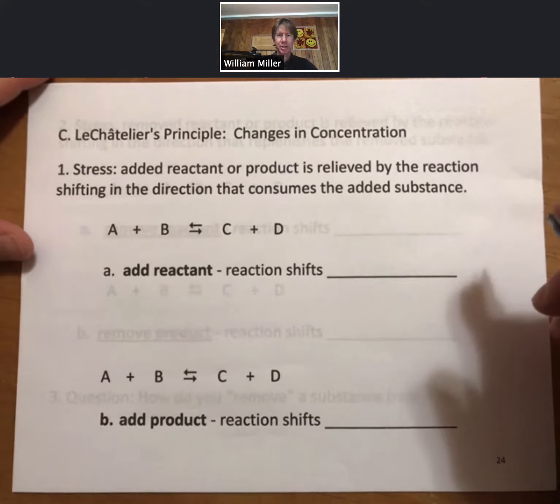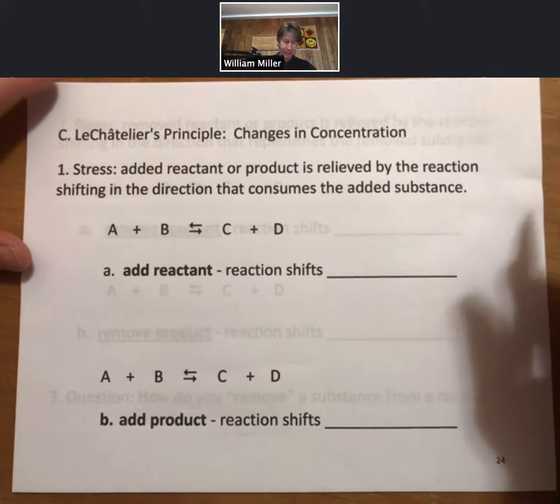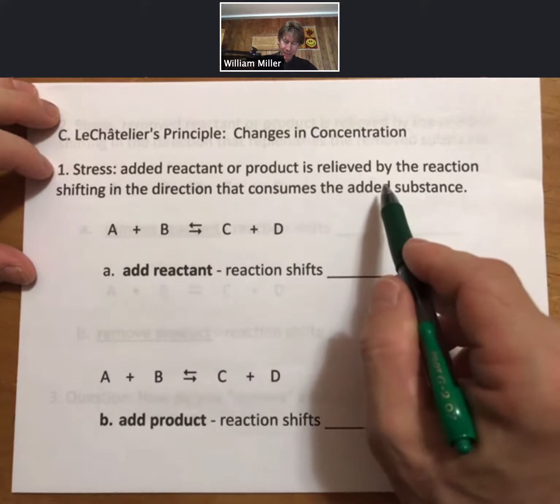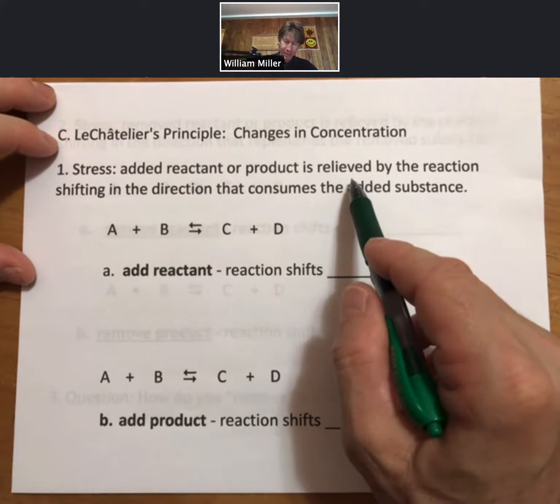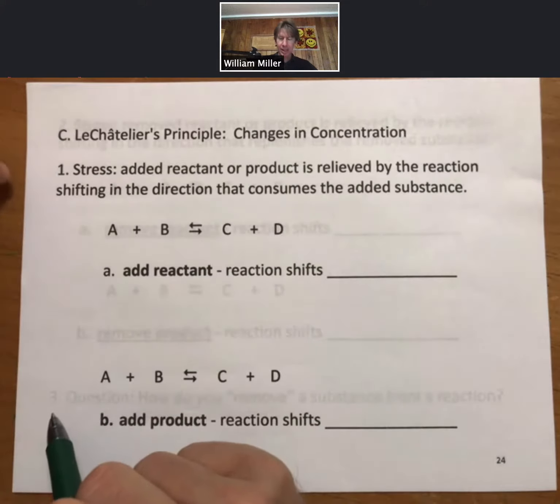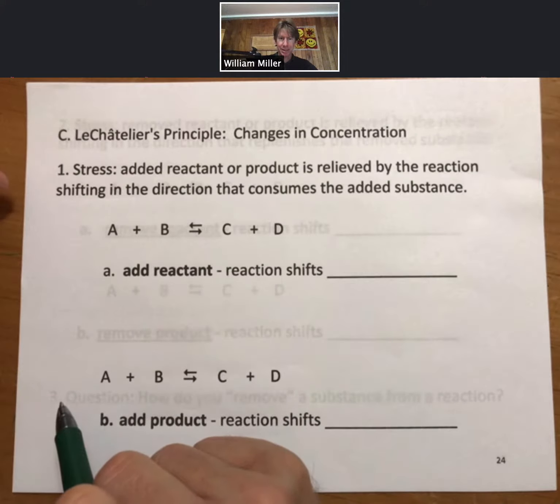So let's start with changes in concentration. The stress would be added reactant or product, and then it is relieved by the reaction shifting in the direction that consumes the added substance.